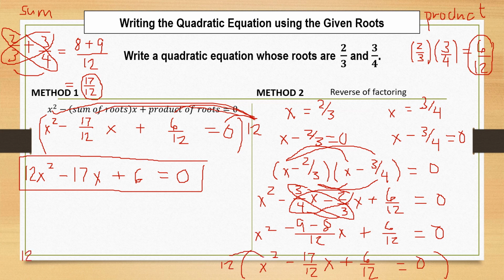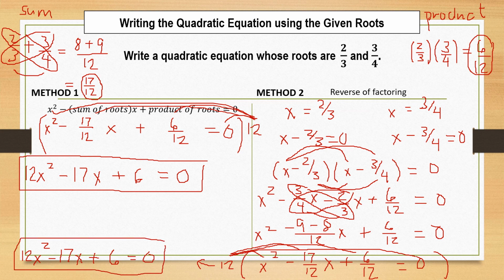We write the answer here: 12x squared. 12 times negative 17/12 x is equal to negative 17x. 12 times 6/12 is positive 6. 12 times 0 is equal to 0. Therefore, the quadratic equation is 12x squared minus 17x plus 6.